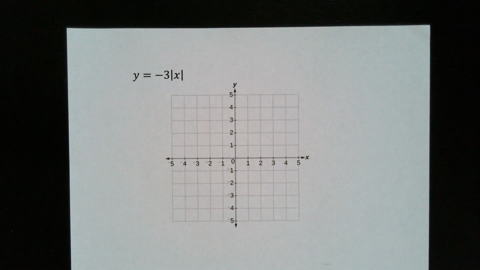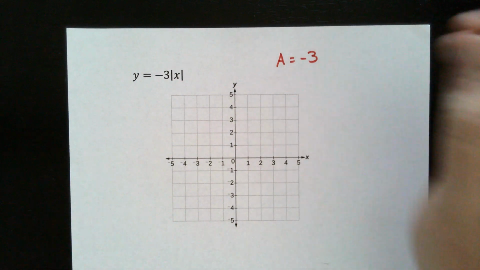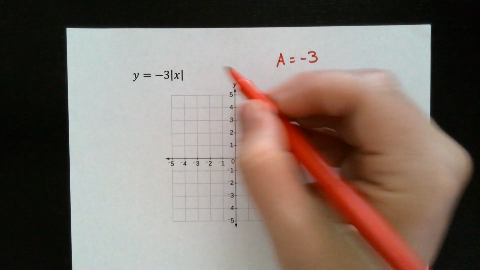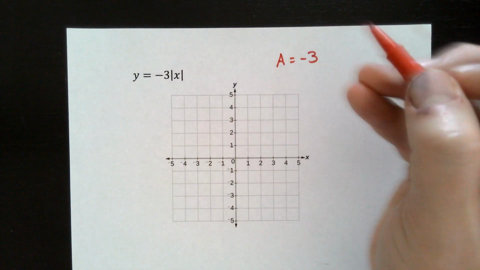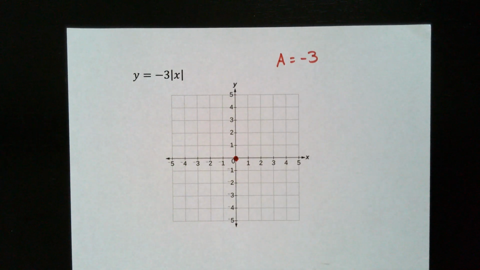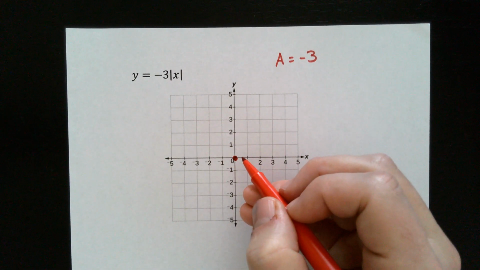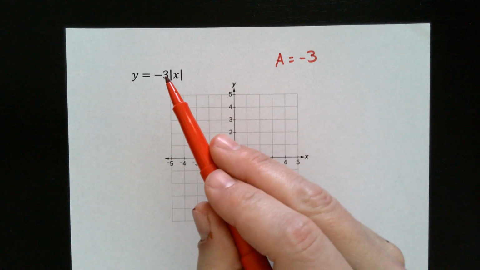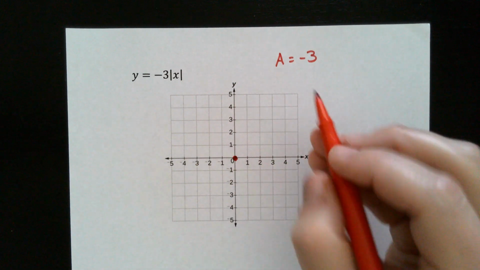Okay, with this one, we have y is equal to -3 times the absolute value of x. Okay, so our a is -3. Okay, remember, since there's no number out here, like a +5 or a -3 or whatever it would be, you start at 0, 0. We know that's a point on the graph because it hasn't been shifted at all. Okay, and it says go over in either direction, and then go in the direction and distance of a. Okay, so our a is -3.